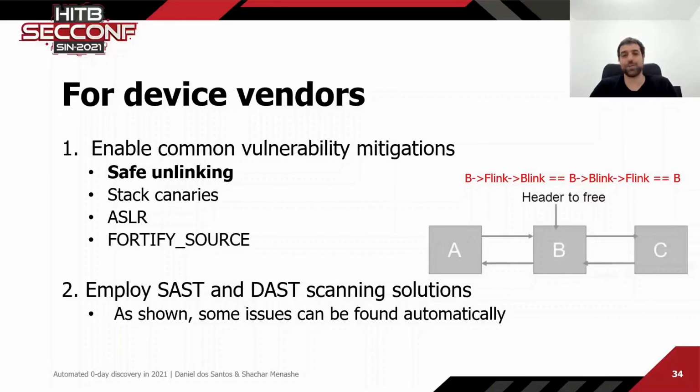This is a very well-known mitigation method: when you go to unlink a heap node in the doubly linked list, before you unlink it, you check that the backwards link and the forward links are proper. So for example, if you're trying to free node B, you check that if you go forward and then backward, you end up at B, and the same if you go backwards and then forwards.